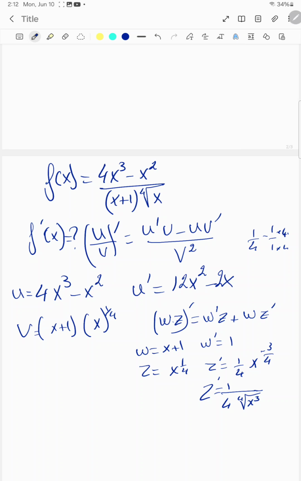So now let's apply the product formula for the denominator, which is v prime now.